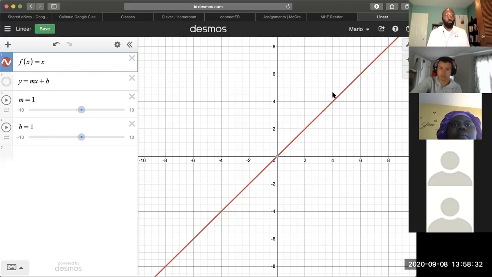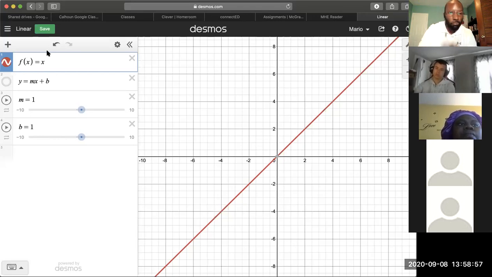We are going to use this a little bit later when we start exploring inverses and opposites of functions. I'll talk about how the linear identity ties into that. But right now, constant function, straight line; linear function, y equals mx plus b, with the special one of a linear identity.